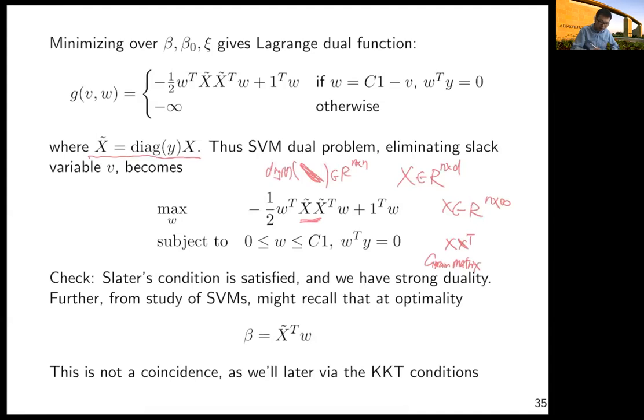It can be written, so x transpose i and j can be written as xi transpose xj. So each coordinate can be directly evaluated with the inner product.